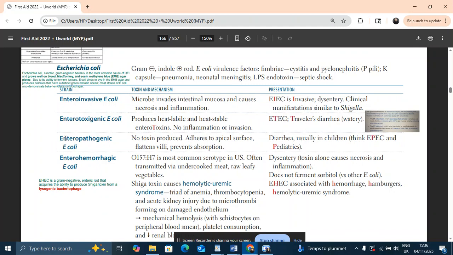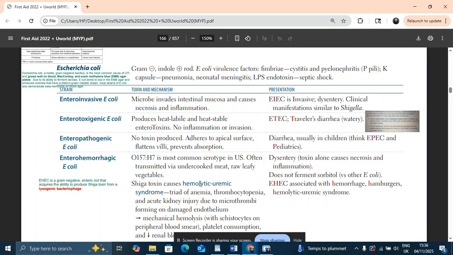Enteropathogenic E. coli doesn't produce any type of toxin. They adhere to the apical surface, flatten villi, and prevent absorption. Always remember, P for pathogenic and P for pediatric, so it usually causes diarrhea in children. Enterohemorrhagic E. coli O157:H7 is the most common serotype in the US.